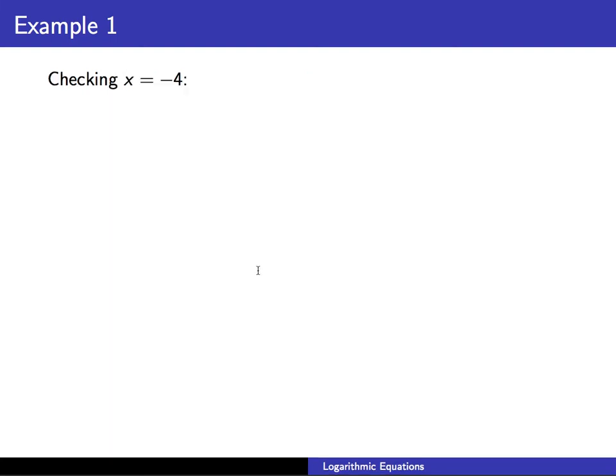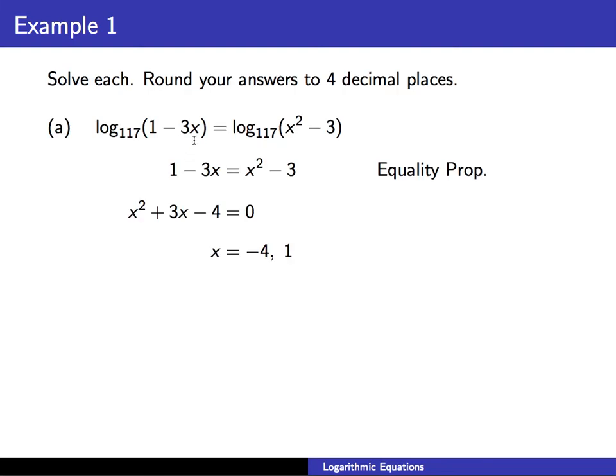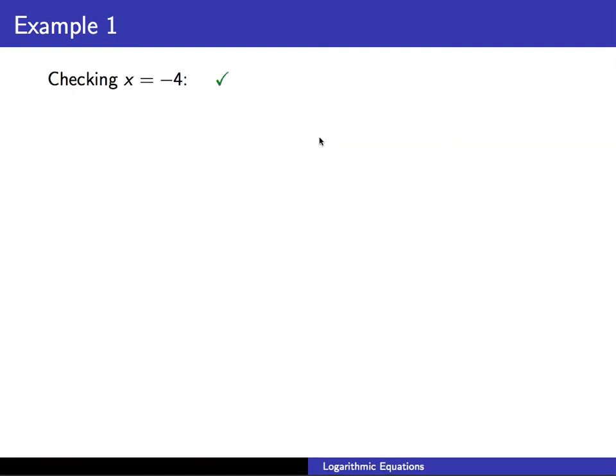Now, checking x is negative 4, if we plug negative 4 into the left-hand side, we get 1 minus 3 times negative 4, which actually comes out to be 13. And then negative 4 squared is 16, minus 3 is 13. So negative 4 is actually okay.